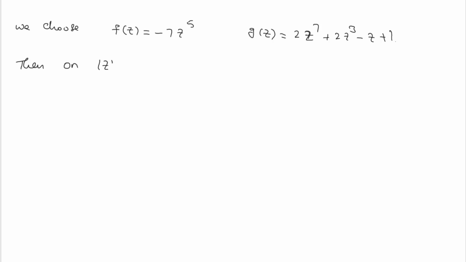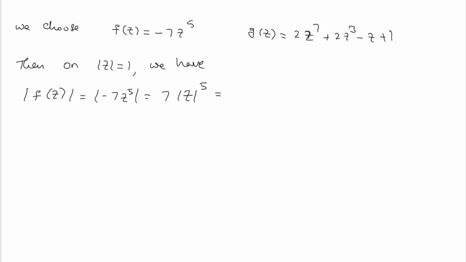So on the circle mod z equal to 1, the absolute value of the function f of z is modulus of minus 7z to the power of 5, which is nothing but 7 times mod z to the power of 5.